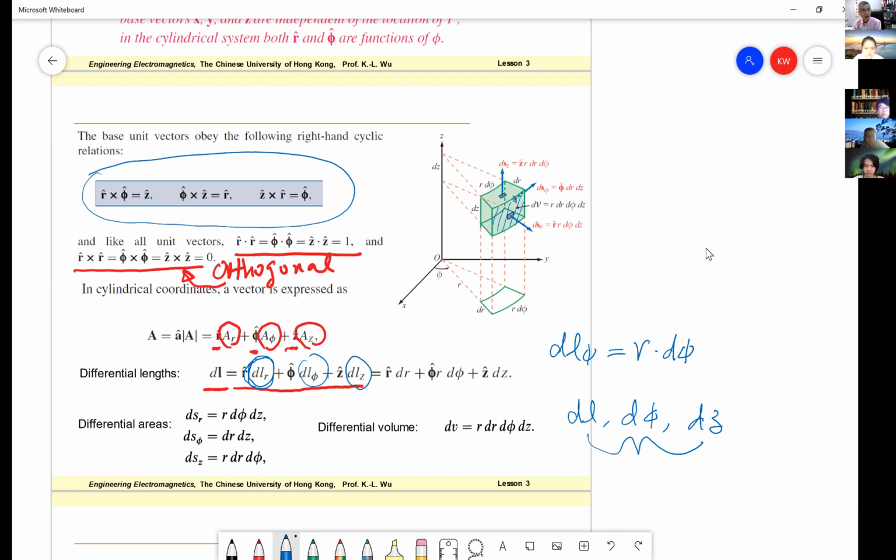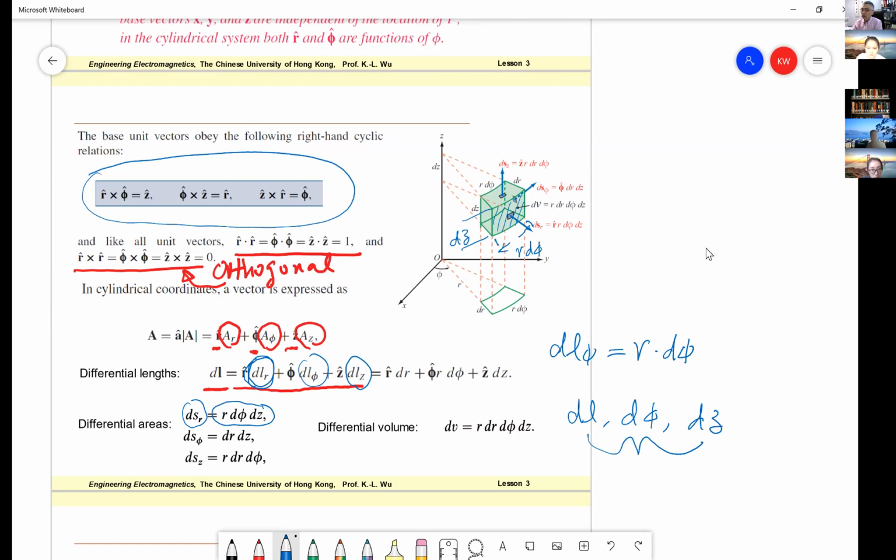The normal direction is dr. So we call this surface DSR. So its area is obvious, right? So this length is r times d phi, right? And this height is dz. So the total area is this, right? Total area.